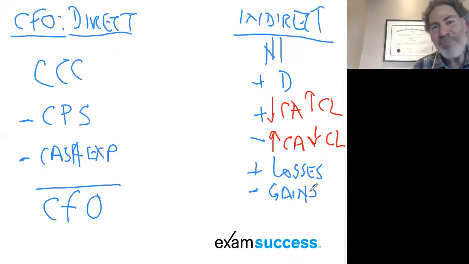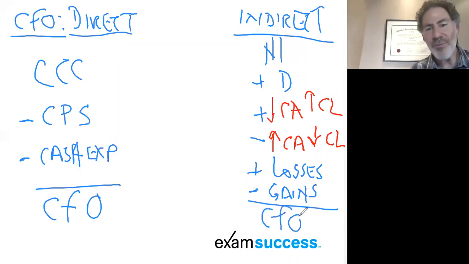That's something which is not part of our normal operations, our cash flow from operations. That's why I'm removing gains and putting back losses. I doubt you're going to get into the equity income from affiliates and such, so I'm just going to stop here. This will get you down to cash flow from operations. So remember, these should give you the same answers. We're almost there.